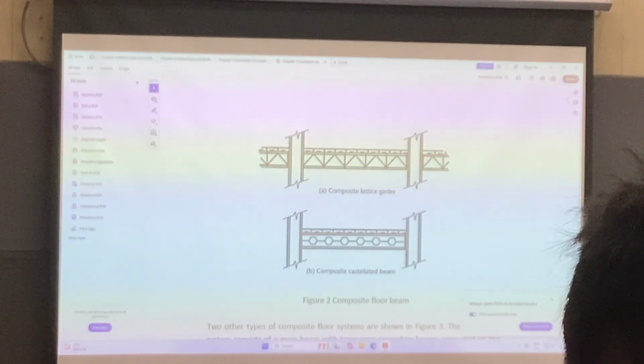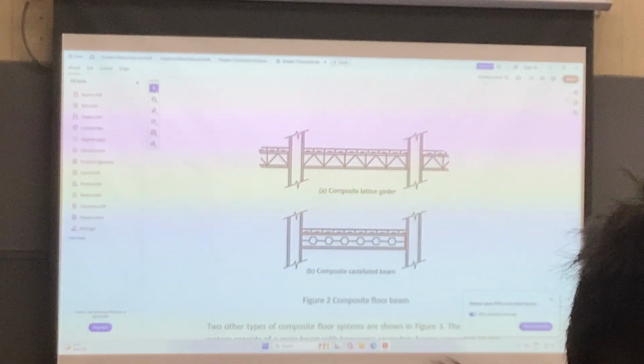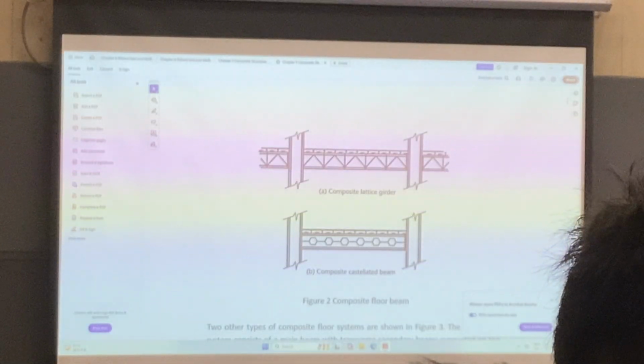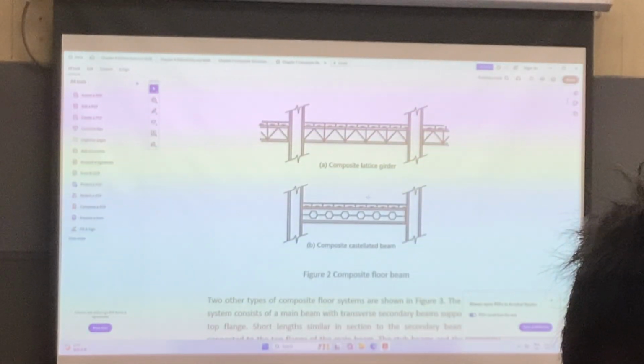That is very challenging when you have a very large ventilation system, and the duct size can damage the beam because it is so large that it nearly occupies the whole depth of the beam, okay? So you can use both ways to solve these problems. You may use composite lattice girder, or you can use castellated beam. Both are workable.